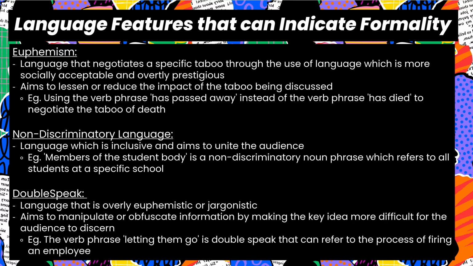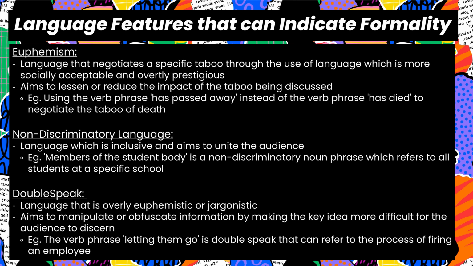Next up, we have non-discriminatory language. Now, non-discriminatory language is language that is inclusive and aims to unite the audience, specifically bringing together a wide range of people in the audience without discriminating or identifying specific people or groups based on their traits.